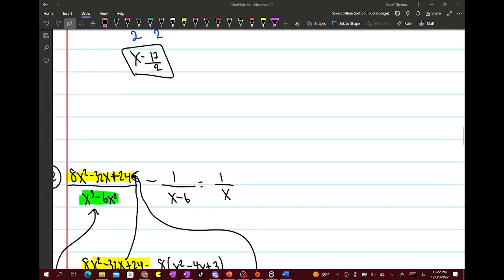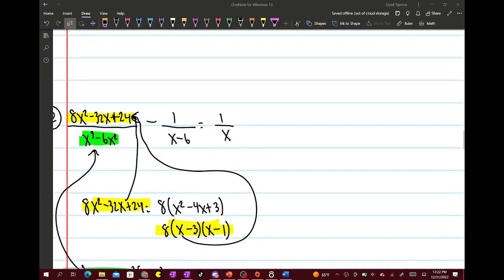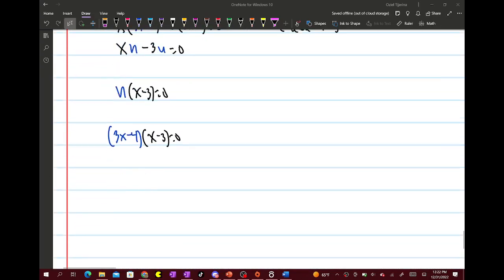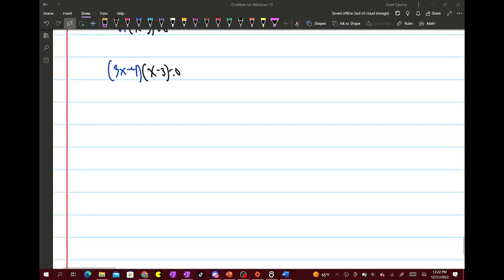Then x would be 4/3 in this case. If you set 3x minus 4 equal to 0 and solve for x, you would get x equals 4/3.